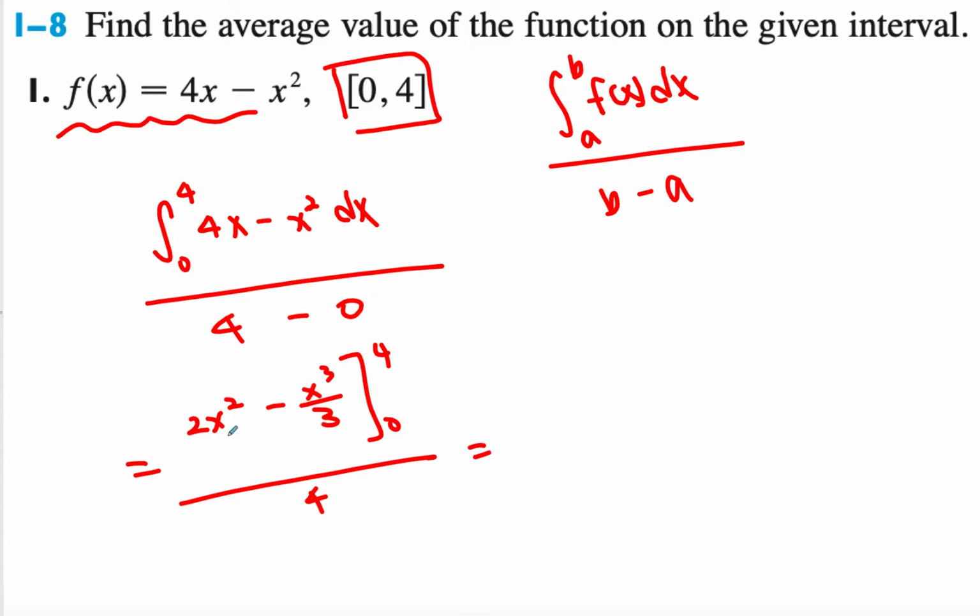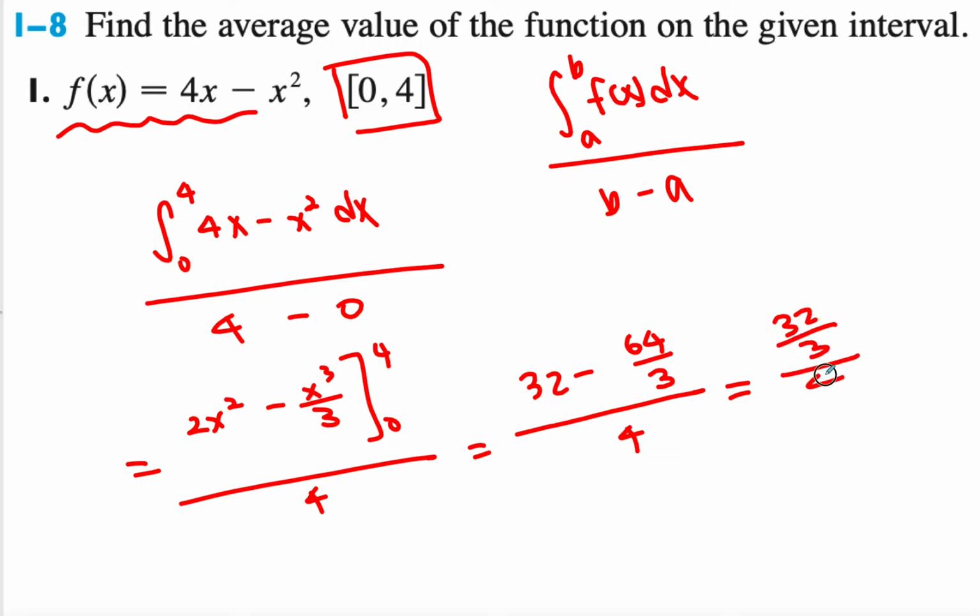Once you plug in 4 here, we get 16 times 2, so 32, minus 64 over 3, all over 4. Now on the top we get 32 over 3, all over 4, which ends up being 8 over 3.